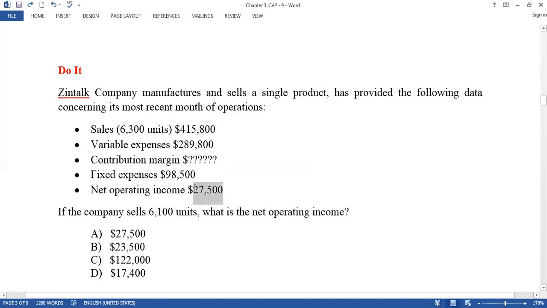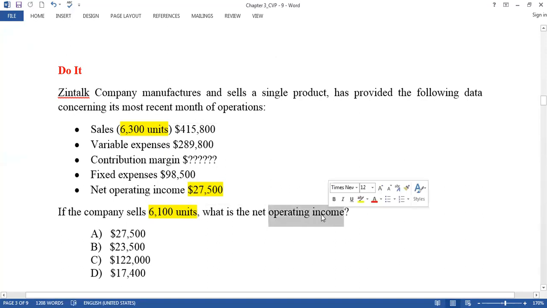So this 27,500, you have this profit when you sell how many units? When you sell 6,300 units. Now the question tells you, if you sell 6,100 units, what is your profit?